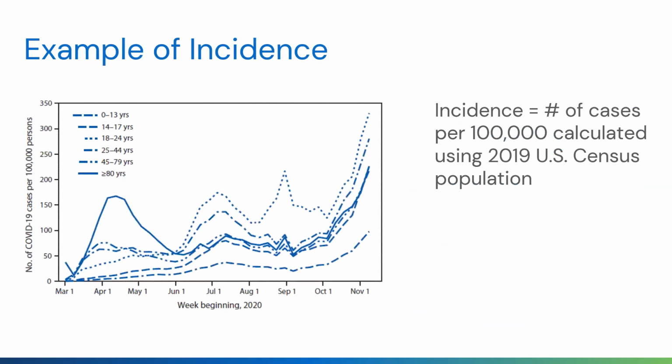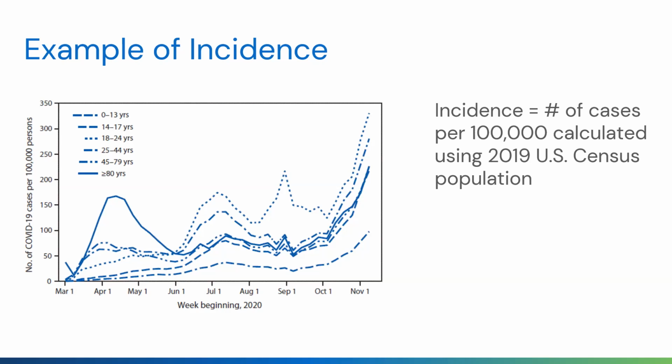So here's an example of what incidence looks like when it's graphed, and this is a recent example of COVID-19. So in contrast to prevalence, looking at prevalence of disease in a population at any one time, we've been tracking COVID across the pandemic, but this is from the very first year, starting at the very beginning of tracking in March of 2020 by age group.